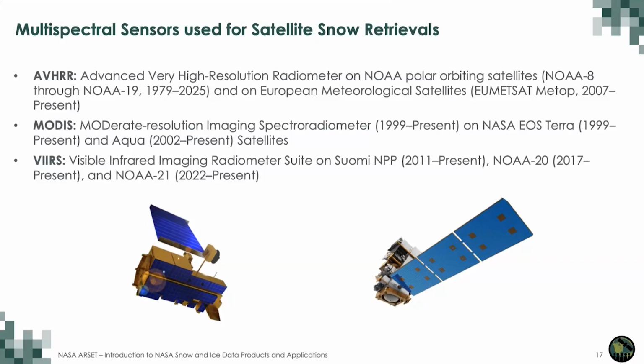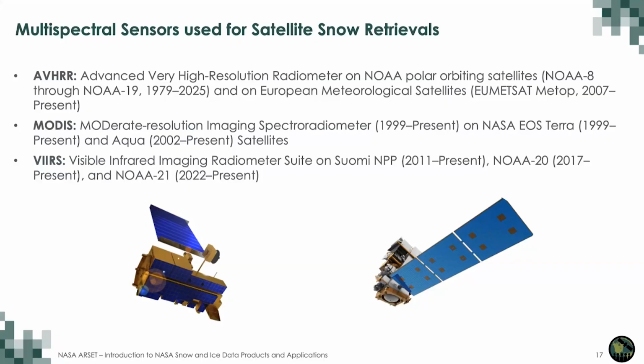It's also continuing on European METOP satellites as well. But that's an older technology, even though it says Advanced Very High Resolution, and that's really been replaced by MODIS, the Moderate Resolution Imaging Spectral Radiometer, which began in 1999, still continuing, and that was on the NASA Earth Observing System satellites Terra and Aqua.